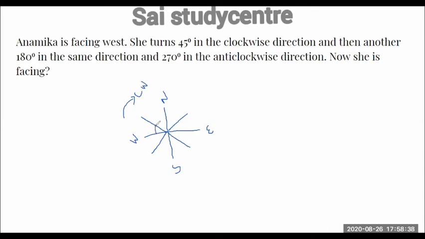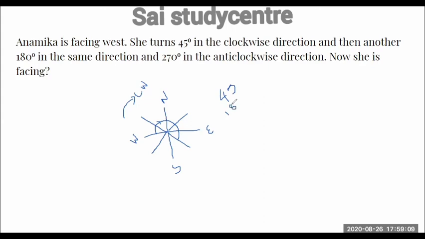And then 180 degrees in the same direction. So 180 degrees means again 45, again one complete 90, and again 45. So she has reached here. She has traveled clockwise. From here, she started to travel back 270 degrees. See what is the total amount she has traveled here? 45 degrees. And again, what is the value? She has traveled 180 degrees.